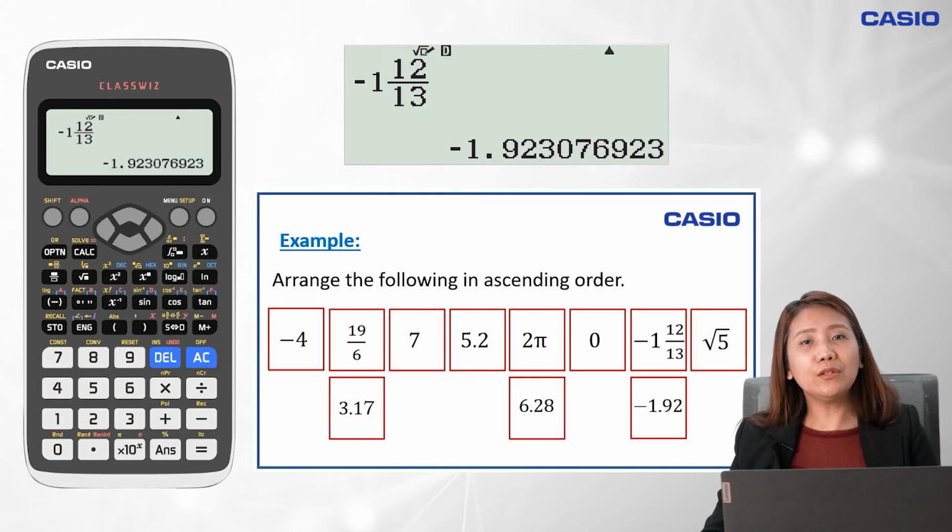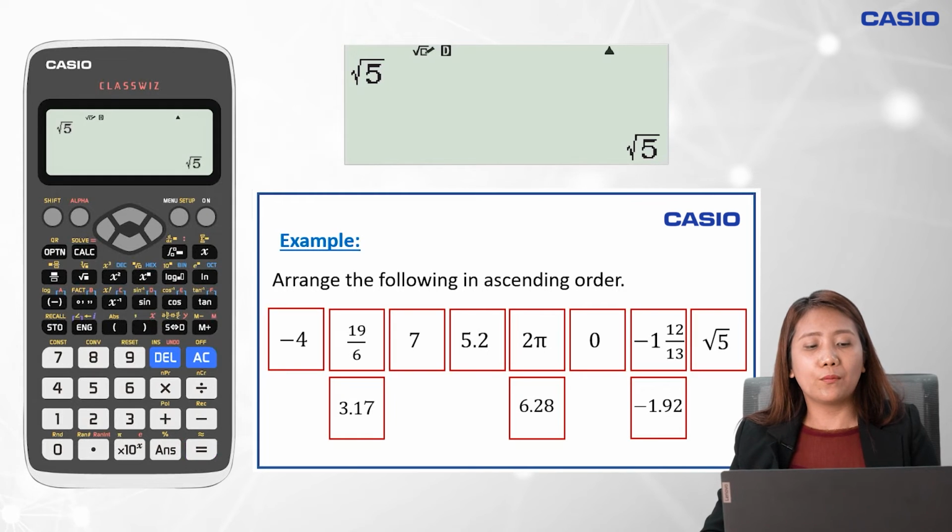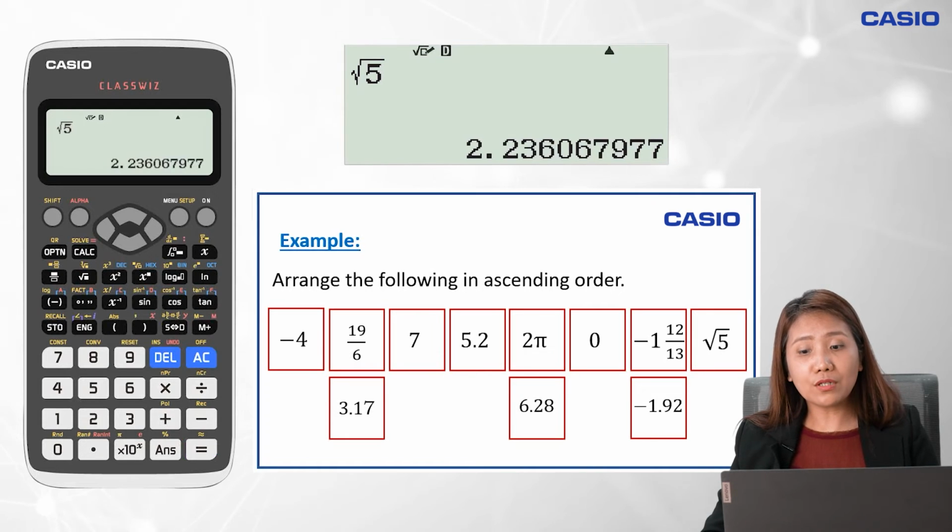Last, we need to convert the square root of 5 to decimal. How? We click on the square root symbol, followed by 5. We click on equal sign, and to change the standard form to decimal, we click on SD, and the value is approximately 2.24.